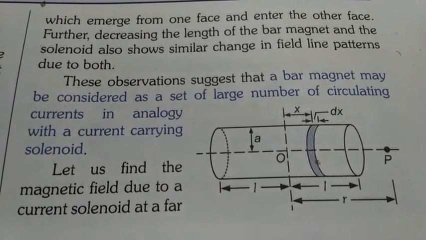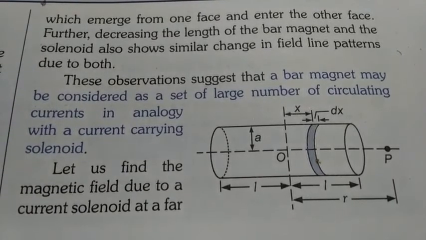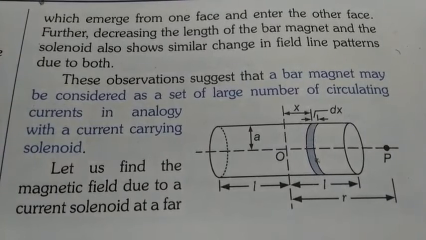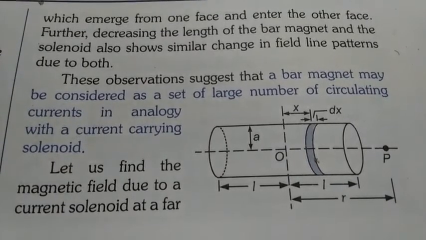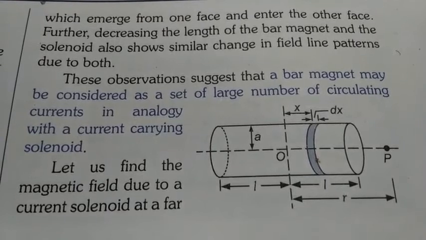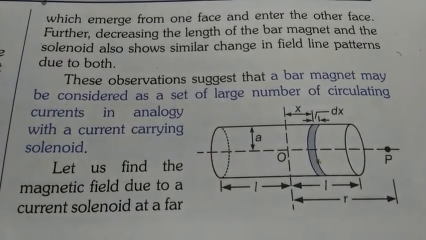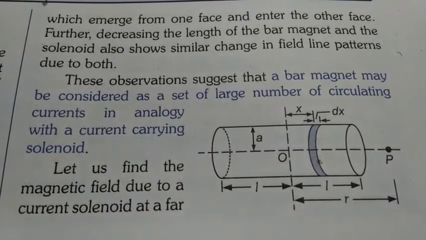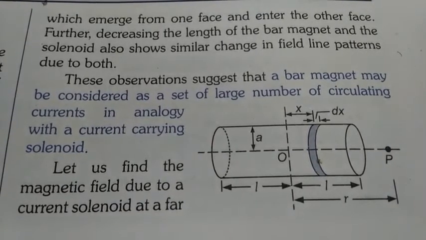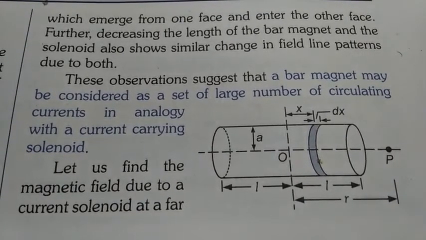And second, if we decrease or increase the length of the bar magnet, it behaves in the same manner as when we decrease or increase the length of the solenoid. So these observations suggest that a bar magnet may be considered as a set of a large number of circular currents, in analogy with a current carrying solenoid.